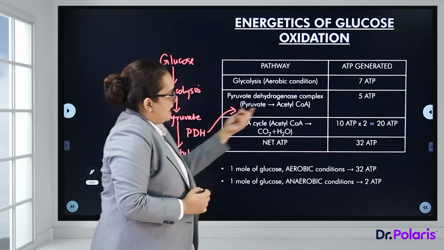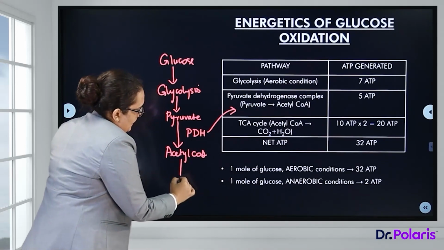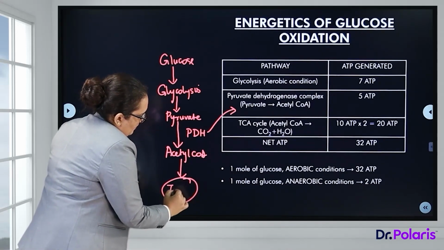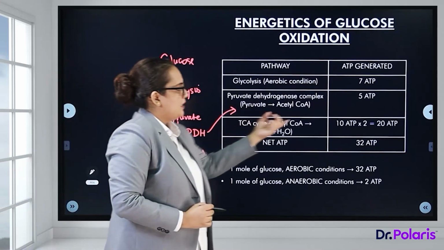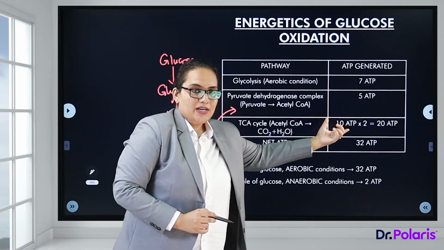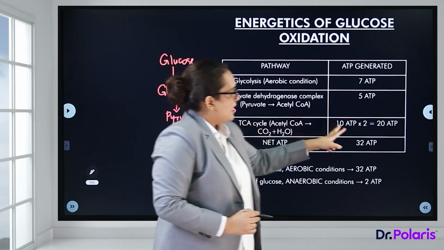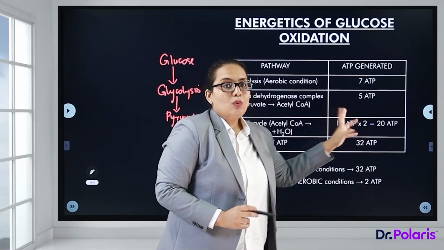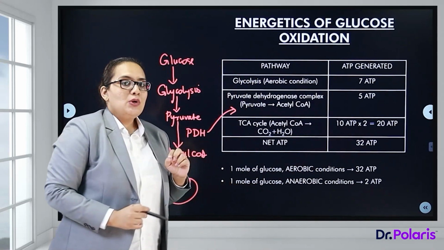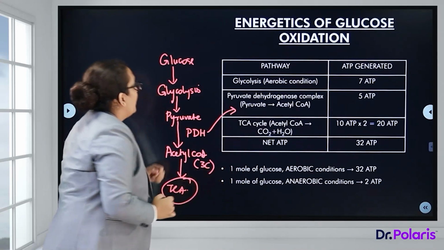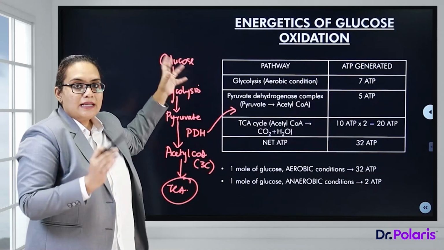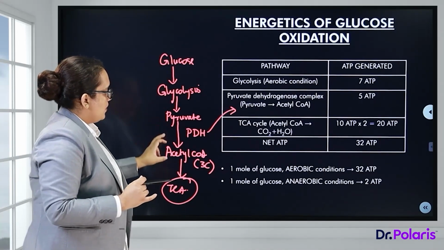And then finally the acetyl-CoA enters into TCA. And during the oxidation of acetyl-CoA within the TCA, you have 10 ATP generated. But have a look at this. I have mentioned 10 ATP into 2. Why? Remember, acetyl-CoA is a 2-carbon containing compound. But the initial substrate, which is glucose, gives you acetyl-CoA.